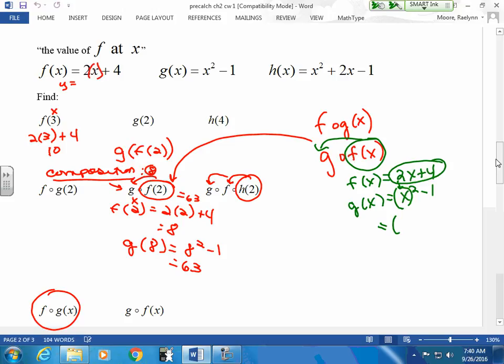So you're going to plug this in and you're going to square it. And then minus 1. Don't forget, this is not b squared. This is 2x plus 4 times 2x plus 4. And then I'm going to subtract 1. So 4x squared plus 8 is 16, plus 16 minus 1.